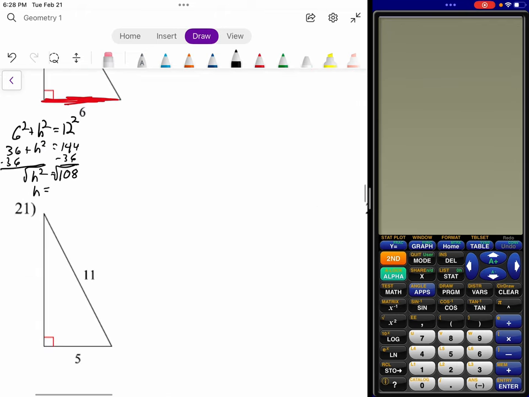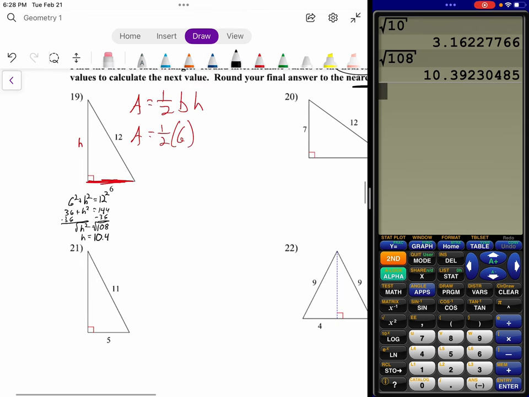So we need the square root of 108. So we'll type that in our calculator. We're going to the nearest tenth. Square root of 108, we get 10.4. And now we can plug that into our formula.